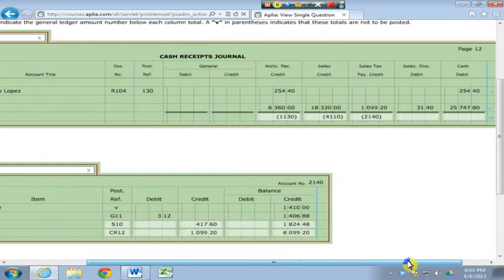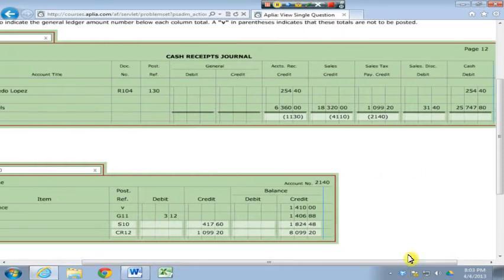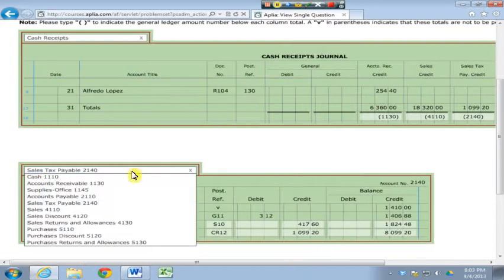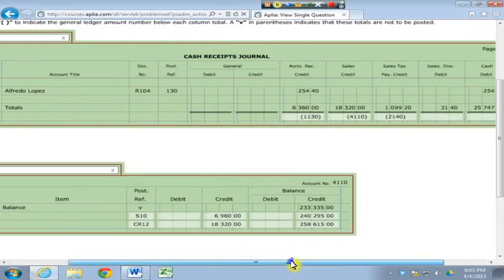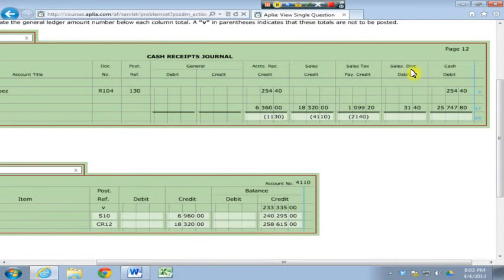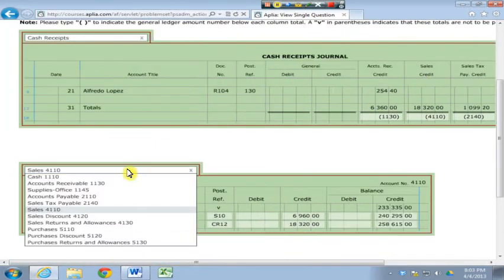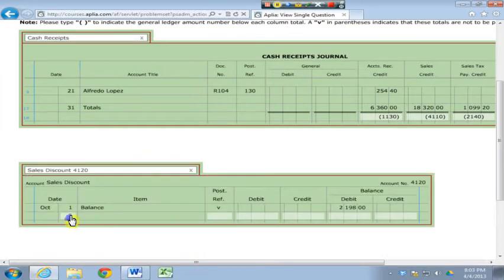Okay. What is the next ledger we're going to need to find? The sales ledger. Begin with the date. Sorry, I misread that. It's not the sales ledger. It is the sales discount ledger. I hope you picked correctly. Sales discount ledger. Okay, we'll walk through this one. The date is the 31st.